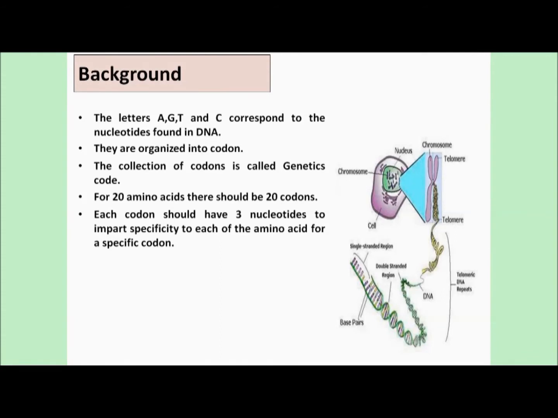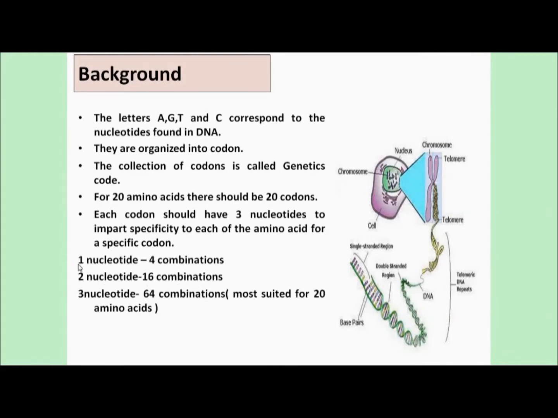Now you see there are 20 amino acids, so there must be 20 codons for synthesis of each amino acid, right? Now see one calculation: each codon has 3 nucleotides to impart specificity to each amino acid for a specific codon. How can we illustrate this?